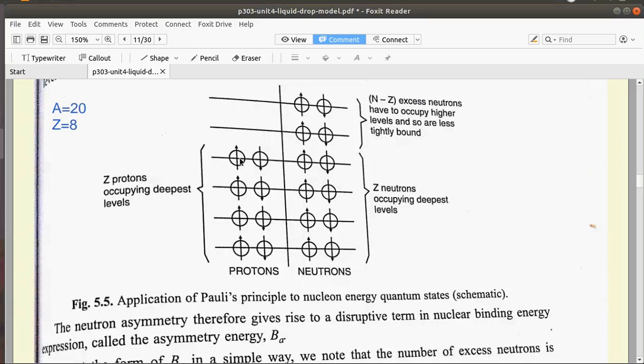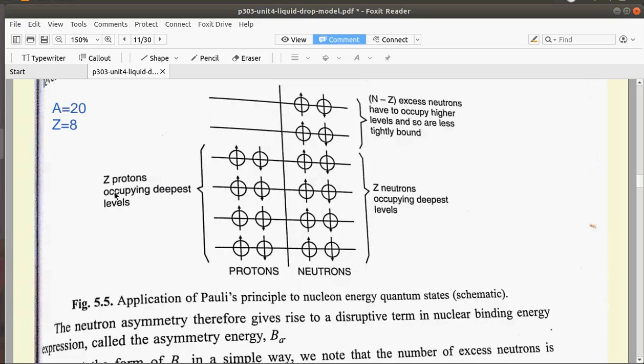Then again one proton, opposite spin, one proton, one neutron, another neutron, opposite spin. But now 8 means Z occupied, whatever is Z has been completely filled.